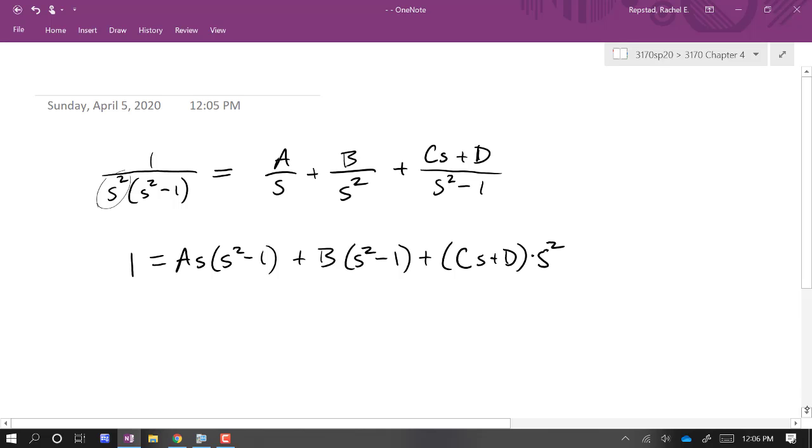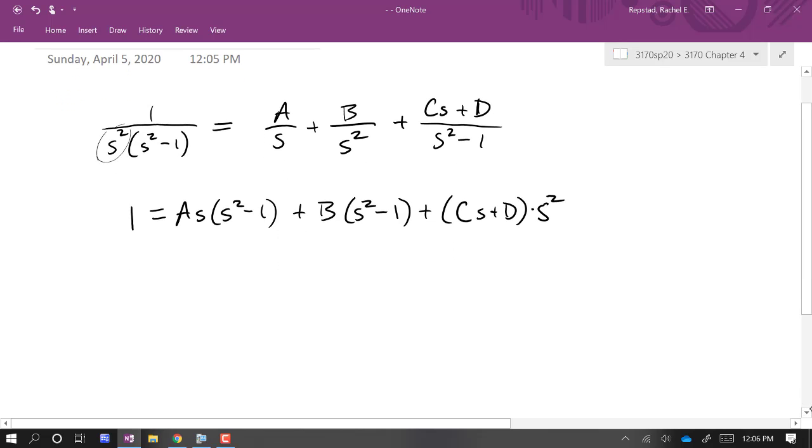Now there's some low-hanging fruit: if s is 0, the left-hand side is always 1. On the right-hand side, the A term and the last term drop out entirely because both have factors of s. And then the middle term is B times negative 1, so B is equal to negative 1.